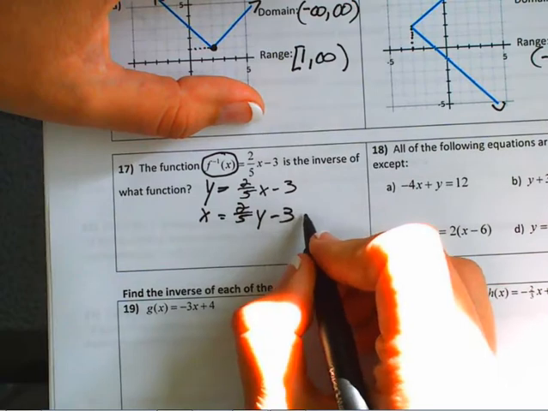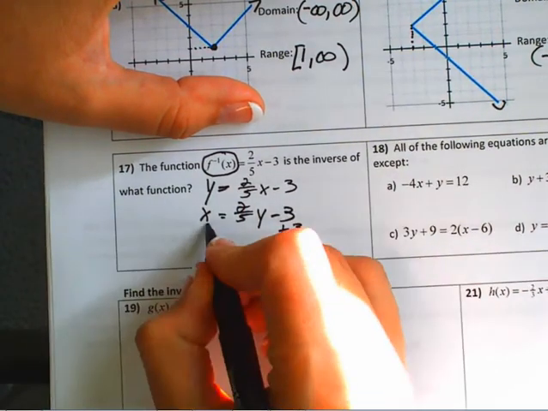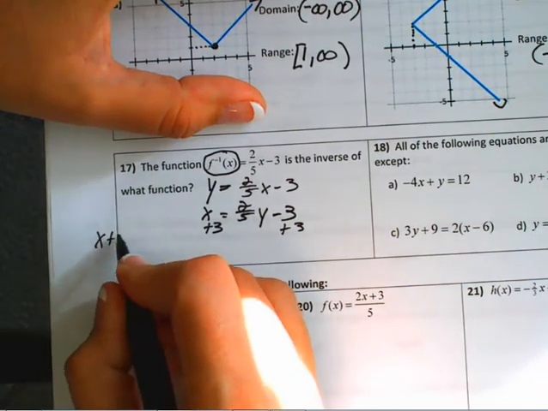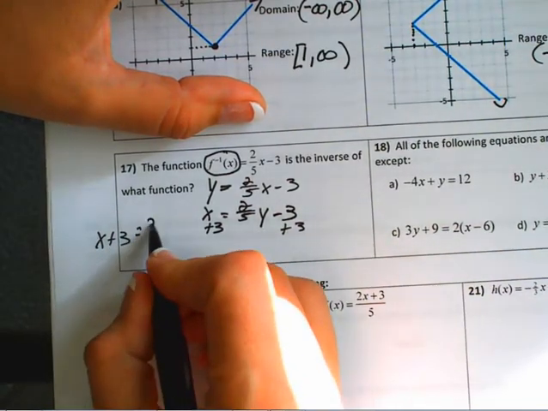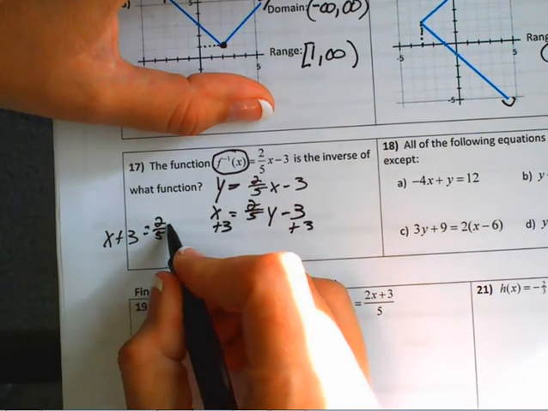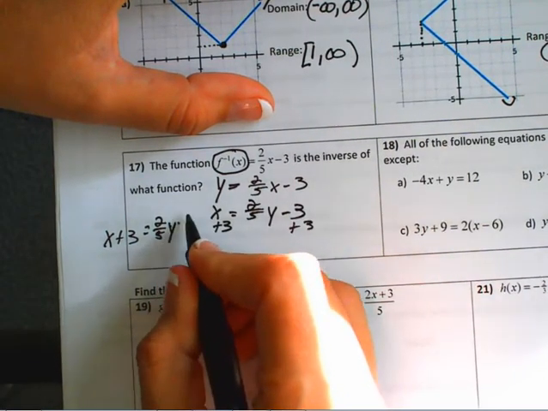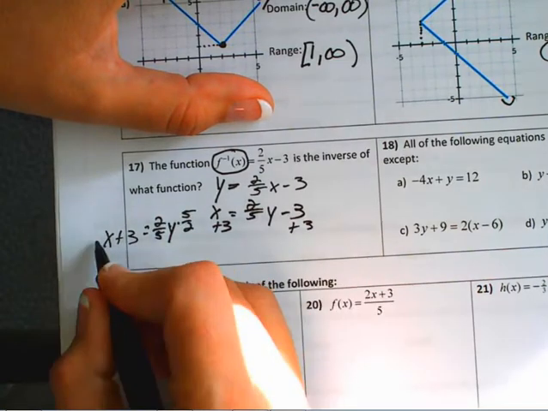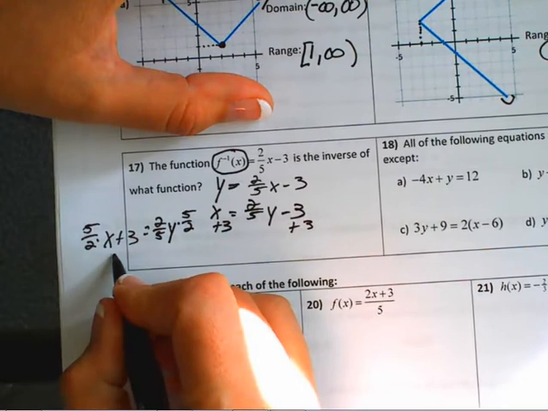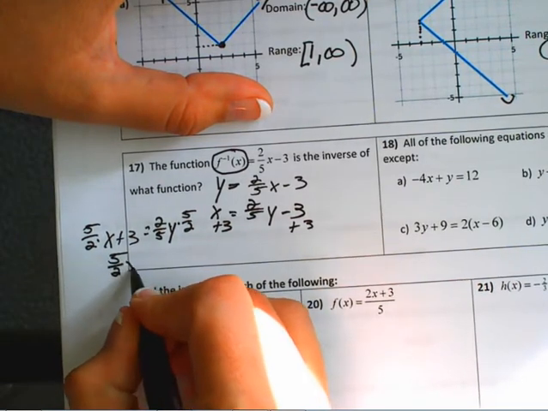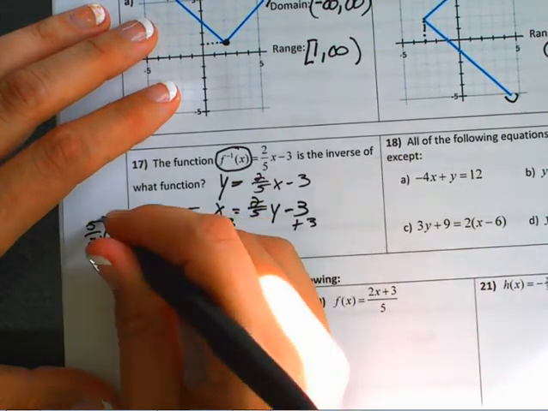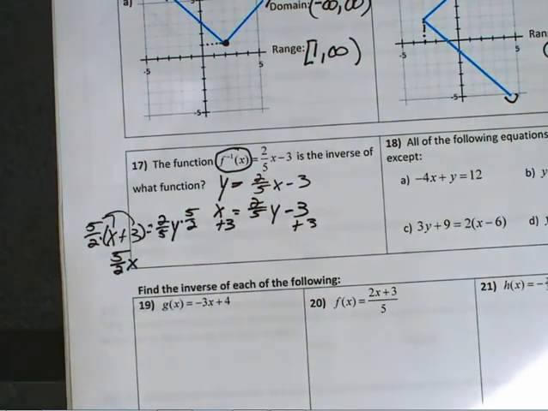Now we're going to solve for y. Plus 3, plus 3. x plus 3 equals 2/5y. Multiply times the reciprocal. So that's going to give me 5/2x. And remember, this is times this whole thing, so you need to distribute in here.